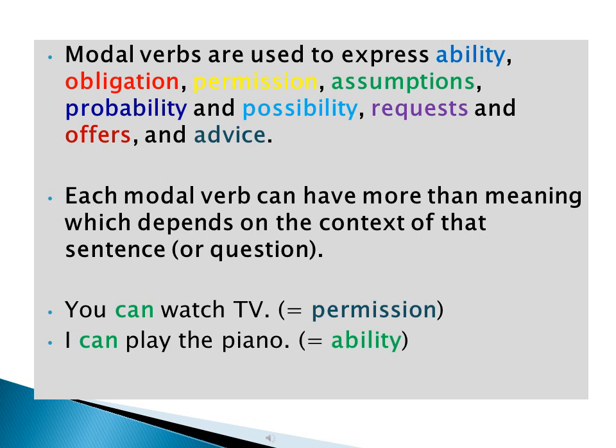Okay, so each modal verb can have more than one meaning, which depends on the context of that sentence or question. يعني modal verb ممكن يكون عنده أكثر من معنى. It depends on the context. يعني يعتمد على السياق اللي جاء فيه.